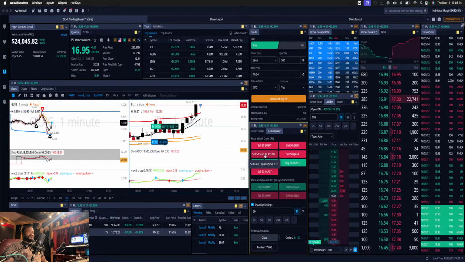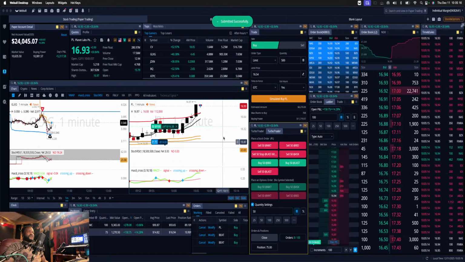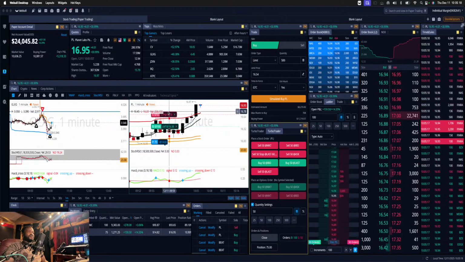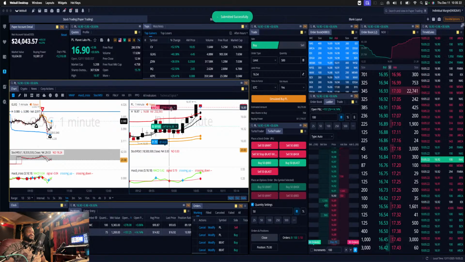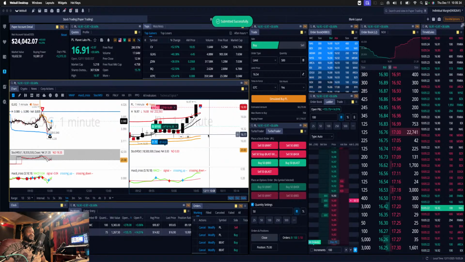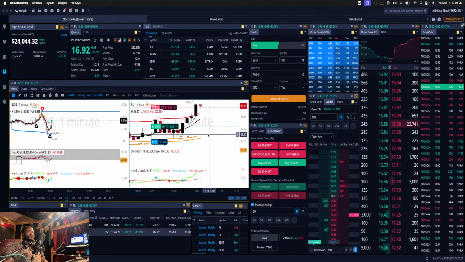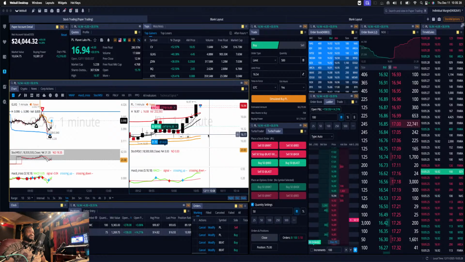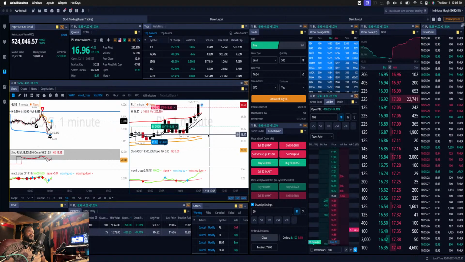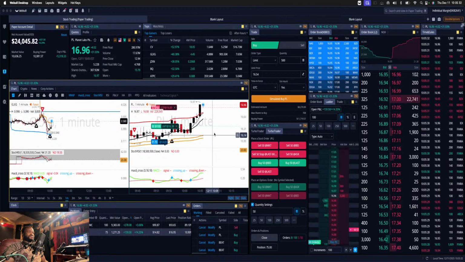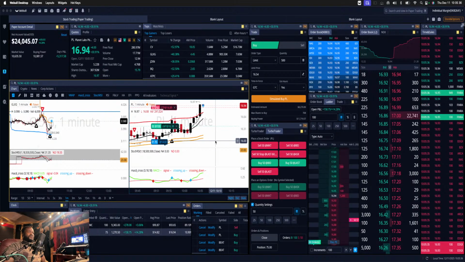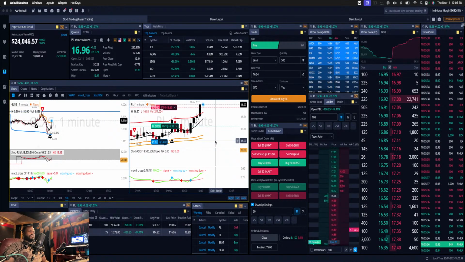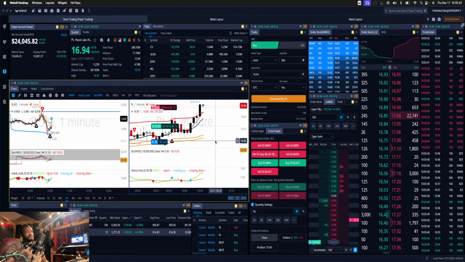So I'm gonna sell 50% and take profits. If it breaks under this, I'm gonna use that stop loss as a trailing stop. You see red candles, but if it closes red, then we take profit.